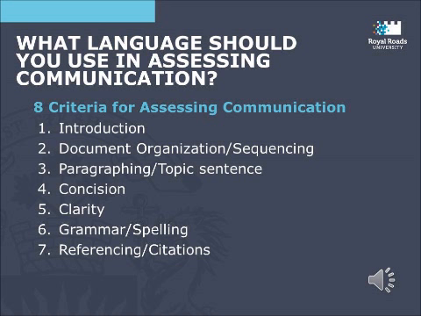Number 5, clarity. Do I need to read any sentences more than once in order to understand their meaning? Number 6, grammar and spelling. Do I notice any grammatical or spelling errors? And finally, referencing and citations. Are all external sources appropriately cited using Chicago style?